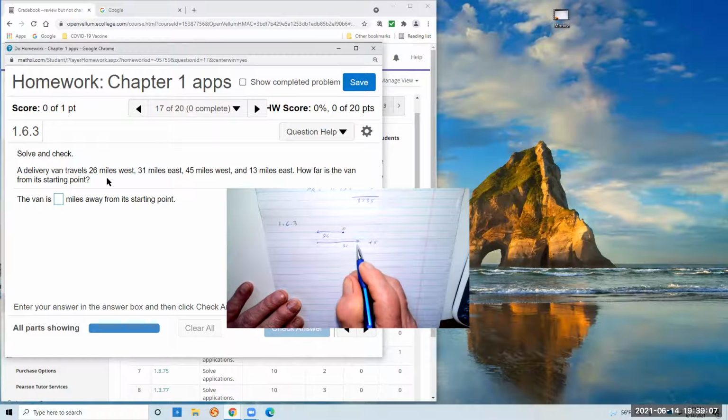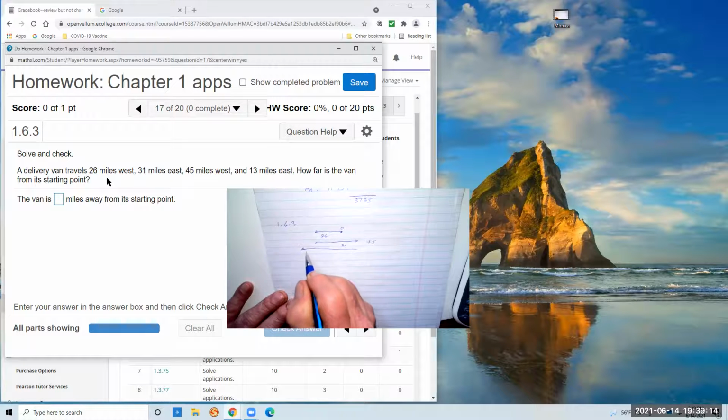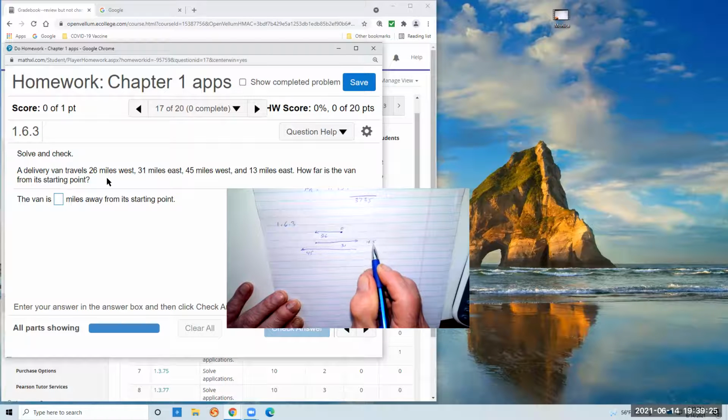And then from this point, we want to go 45 miles west. But this is 45 not from 0, but 45 from plus 5. So for 45 units from plus 5, we're actually 40 miles west.